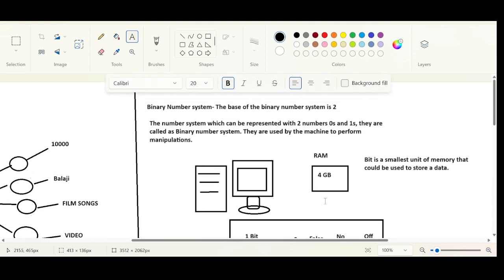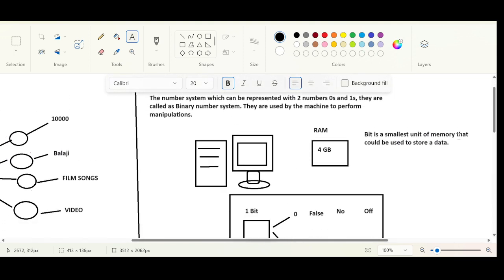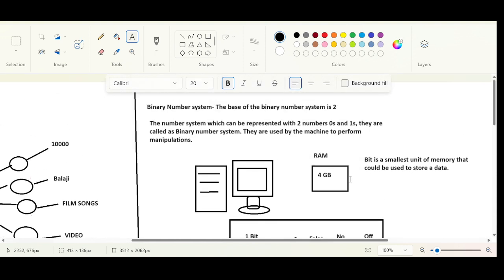Someone is asking what is a bit? A bit is the smallest unit of memory. Whether you talk about a bit, bytes, gigabytes, or megabytes, all the internal data is going to be in the form of binary numbers. It's going to use the binary number system.